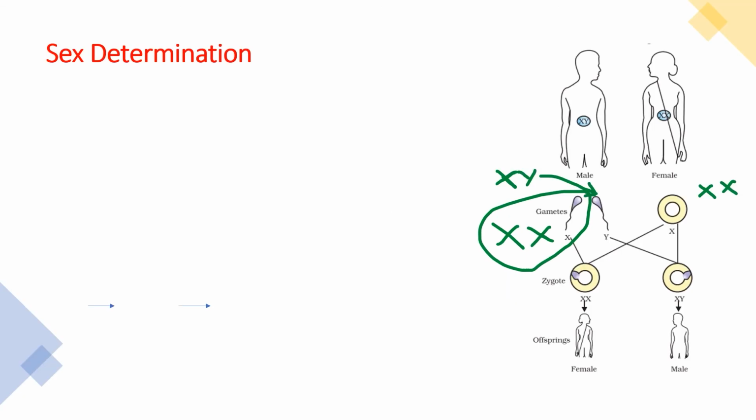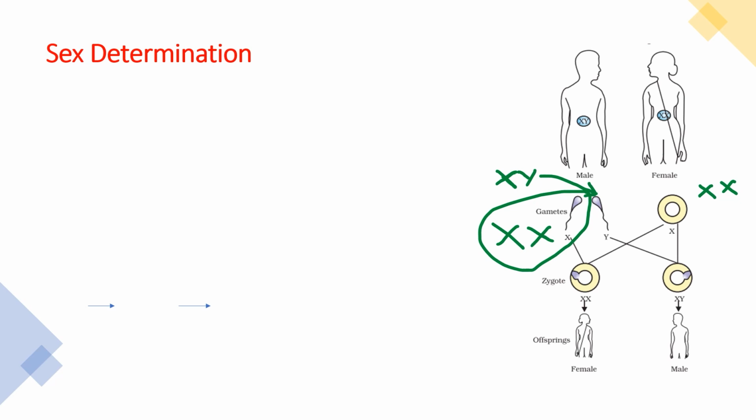If you look at this picture, we are going to learn about sex determination. So the male is XY and the female is XX. In the human cell, we know the nucleus contains chromosomes, chromosomes contain DNA, DNA contains genes. So a normal human being will have 22 pairs of normal chromosomes called autosomes.